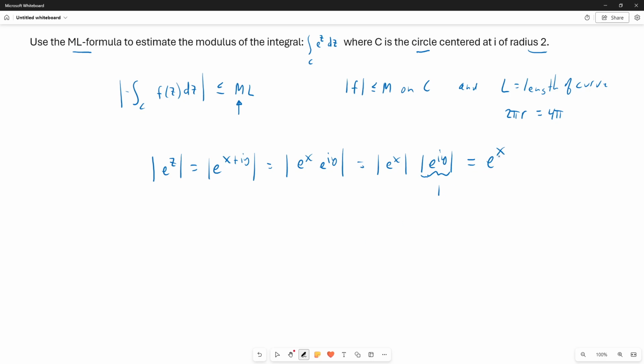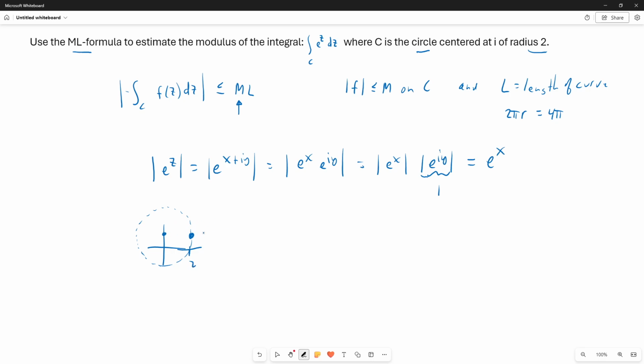Now the function e to the x is at its maximum when x is at its maximum. And on a circle centered at i of radius 2, well, okay, that's not a good picture, because the x-axis, if the radius is 2, it goes down here. So the maximum value for the x-coordinate on the circle is 2.